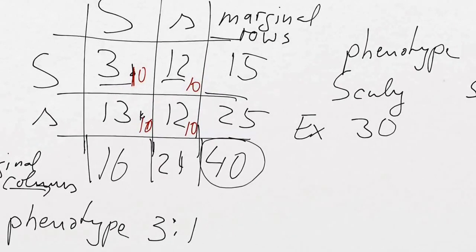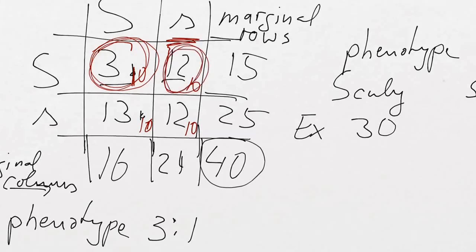Now if we look at our actual numbers, which one are scaly? This one would be scaly. What about this one here? Scaly, because it's capital S and lowercase s. What about this one here?